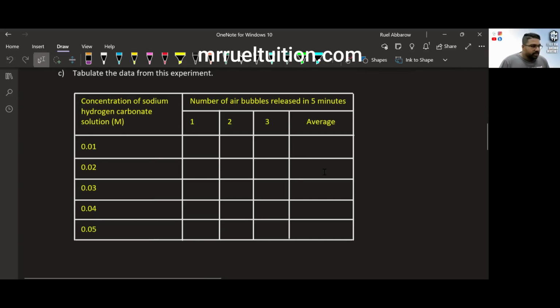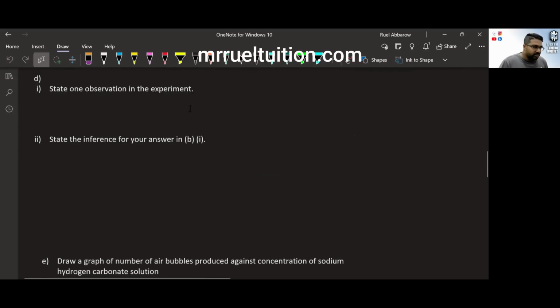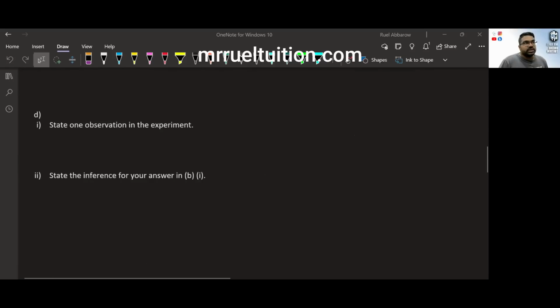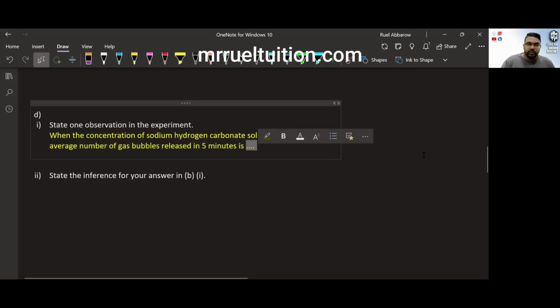Here what I've chosen is the lowest, 0.01. So this is my sample observation. When the concentration of sodium hydrogen carbonate solution is 0.01 molar, the lowest concentration, the average number of gas bubbles released in 5 minutes is, give a specific value.